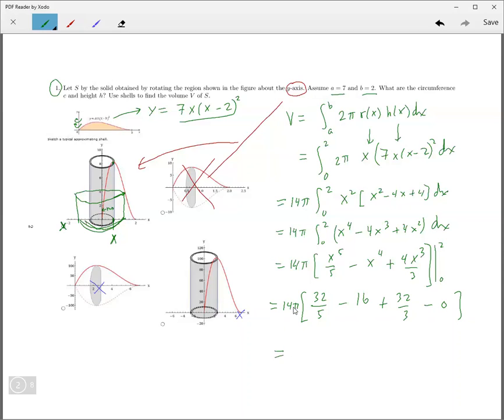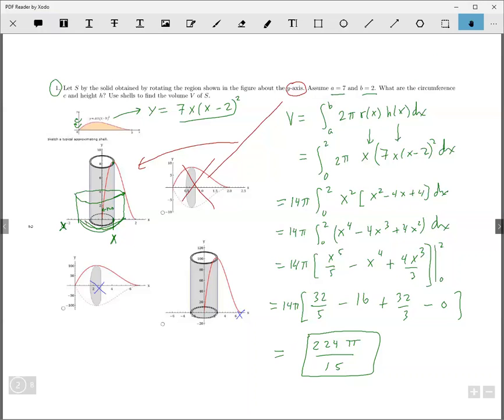Now I plugged all this into the calculator and then multiplied by 14, and then I got the fraction, and that's 224 pi over 15 as the final answer. Any questions or comments about that? Okay, let's move on to the next exercise.